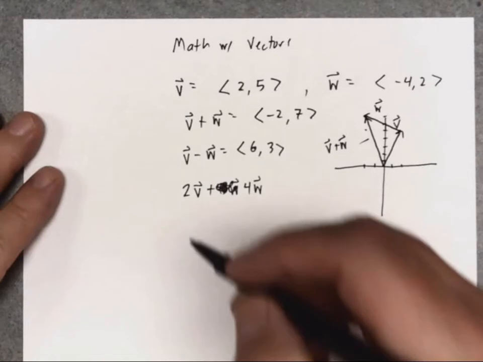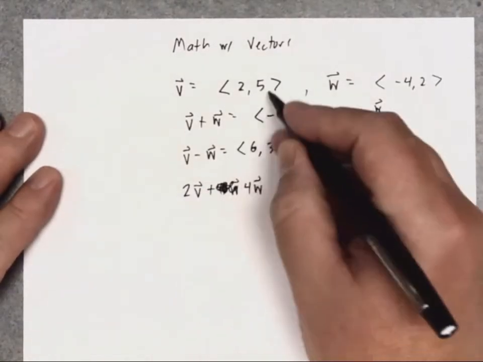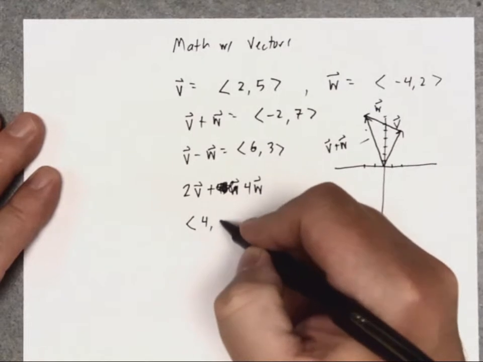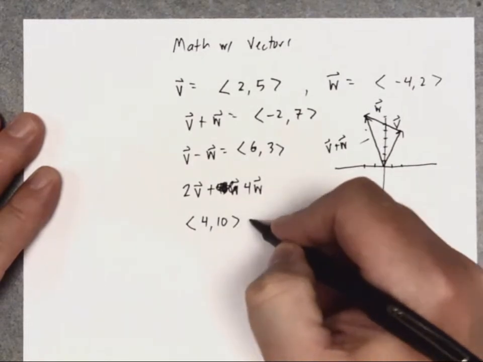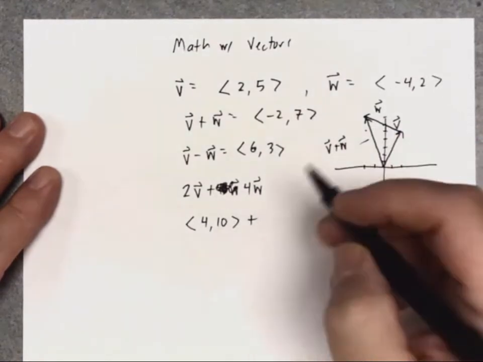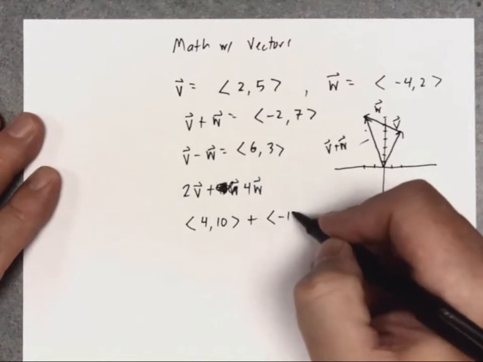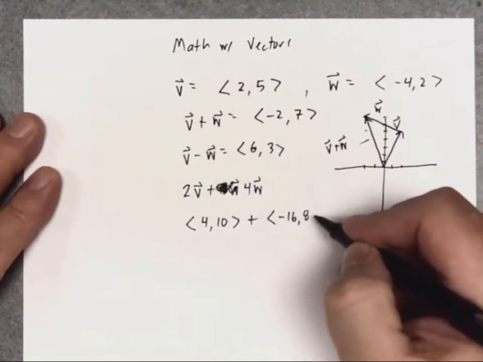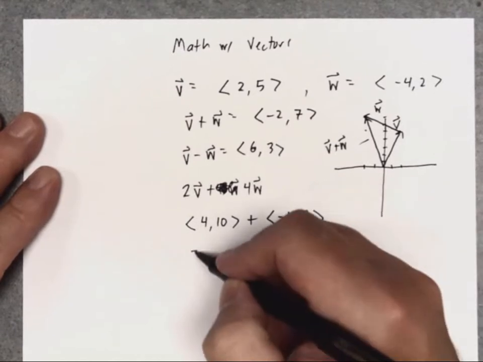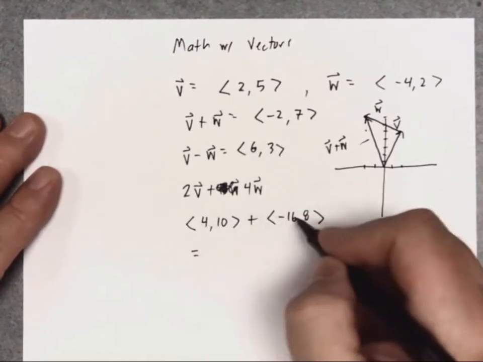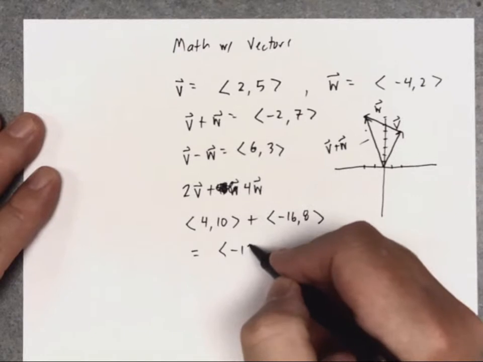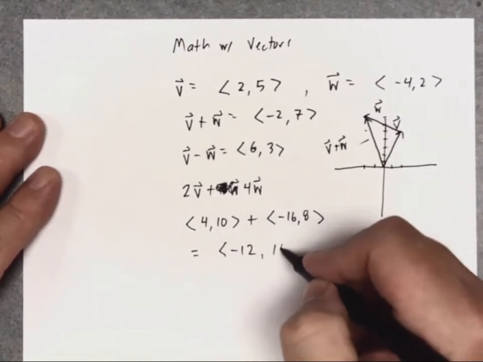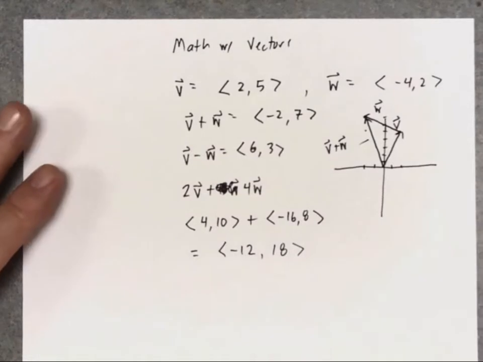And basically, you just take 2 times the v vector. So this would end up being <4, 10>. Then 4 times the w vector would be <-16, 8>. If you add those together, it looks like <-12, 18>.